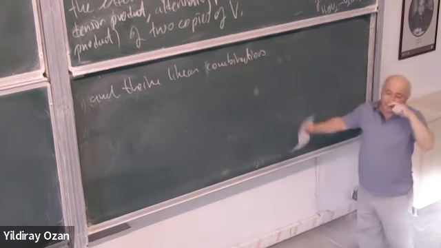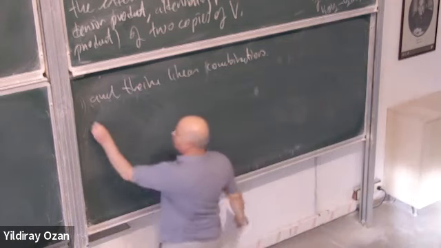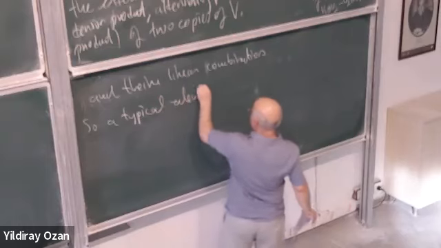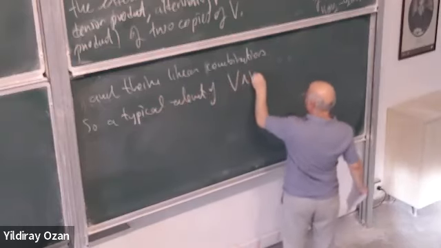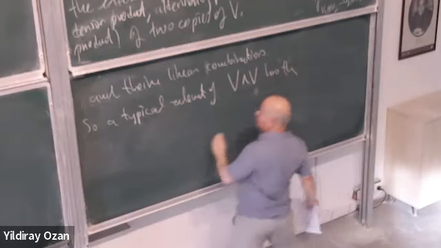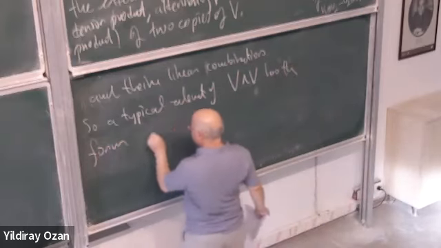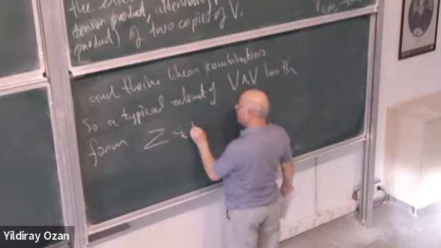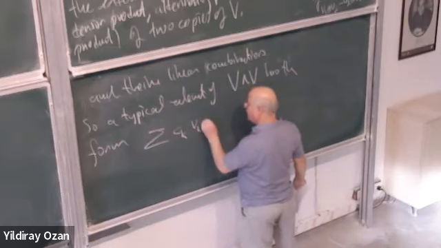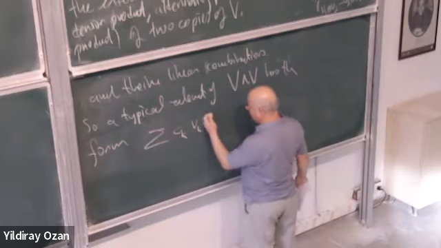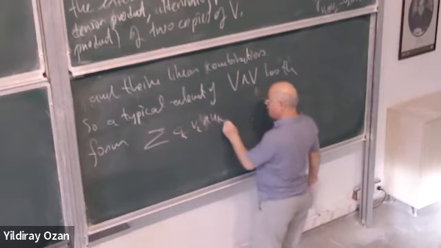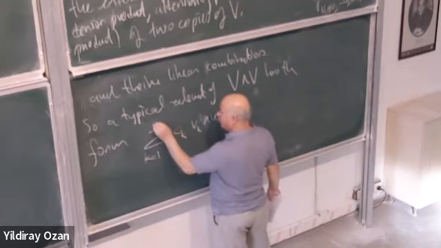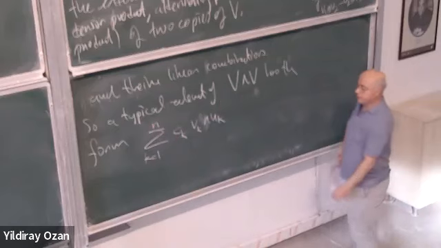Linear combinations of this type of objects. So a typical element of V wedge V has the form, summation, let's say C_K, V_K tensor U_K, K from 1 to, I don't know, N. Something like this.